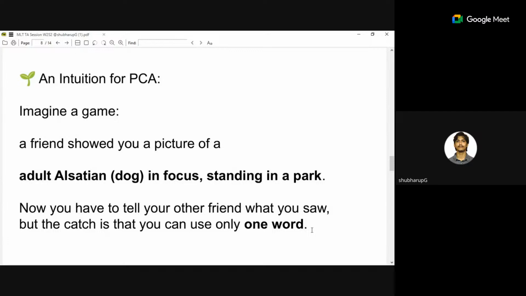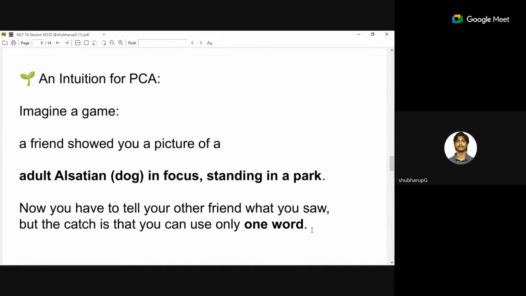Here's an intuition for PCA. Imagine a game. Some friend of yours showed you a picture of an adult Alsatian dog in focus, in the center of the picture, the primary focus of the picture, standing in a park.